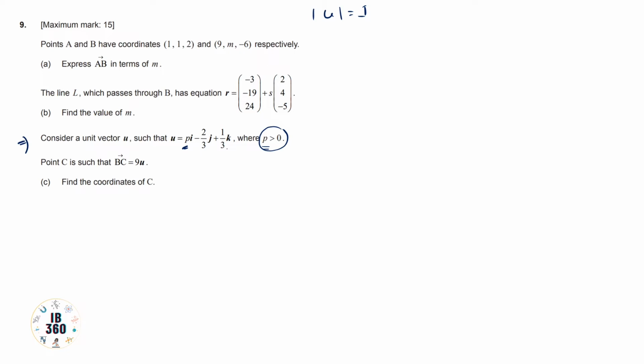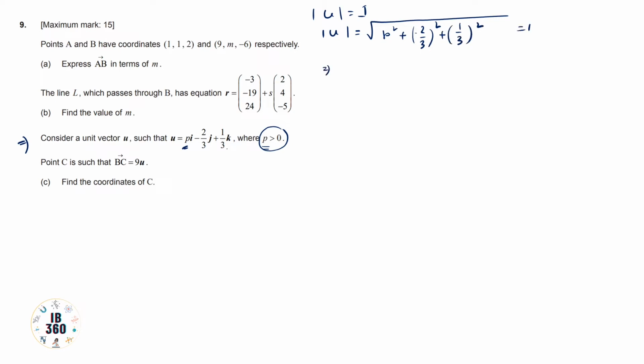So again mod of u is basically root over of p square plus minus 2 by 3 whole square plus 1 by 3 whole square, and this equals 1.